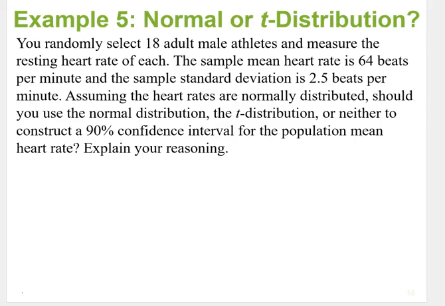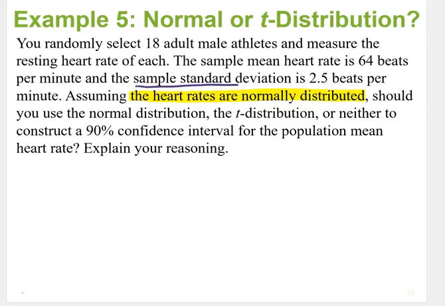All right, so first question you have to ask yourself, is the population normally distributed? So we're going to look in the problem for that. It says right here, assuming the heart rates are normally distributed. Okay, perfect. So we have that qualification, so we're good. Is sigma known? So we're going to go look and see if it gives us the population standard deviation, which it does not.